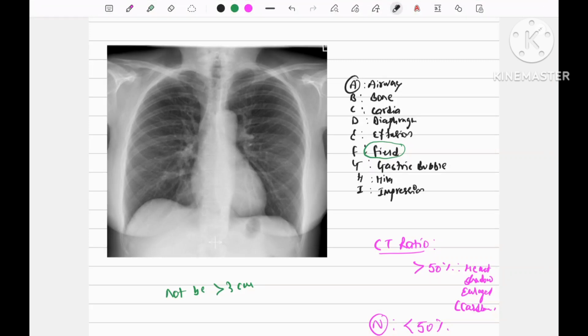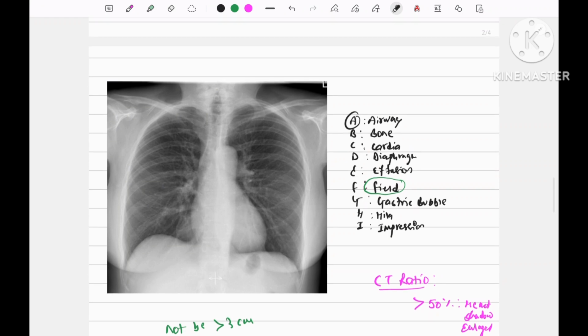So if someone gives me a chest X-ray to read, then what I will explain, please listen very carefully.